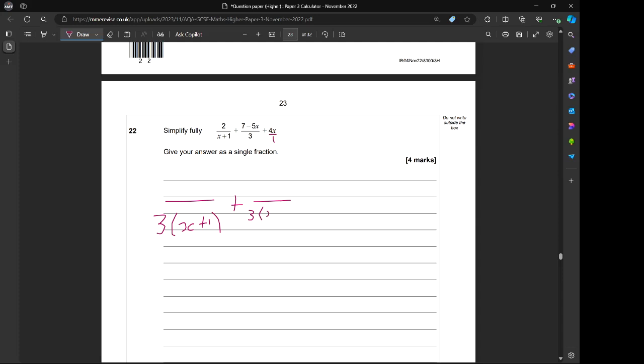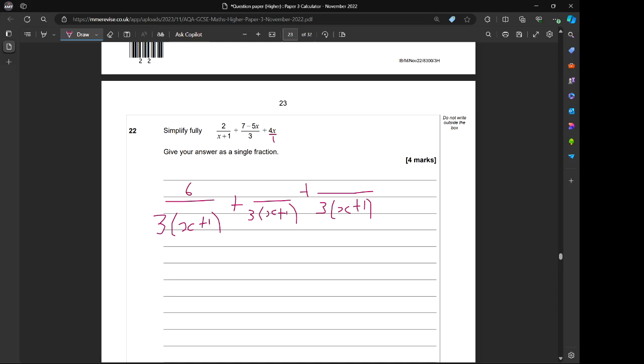So you multiply the denominators to work out your common denominator. We're going to times the first fraction by 3, so we'll have 6 here.